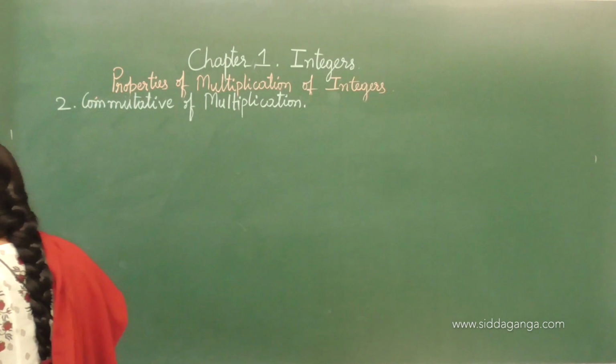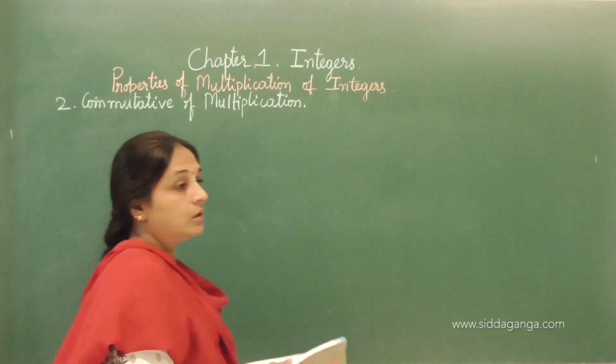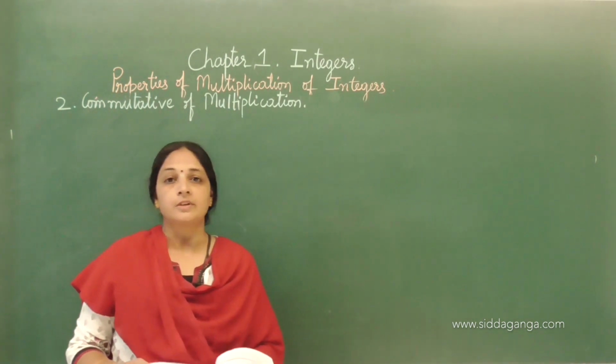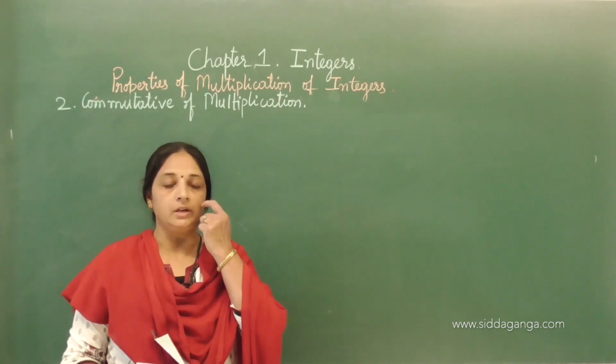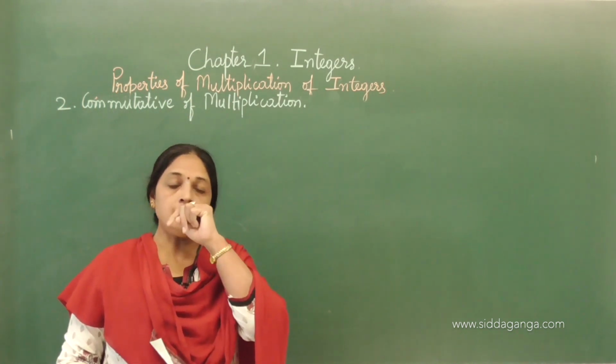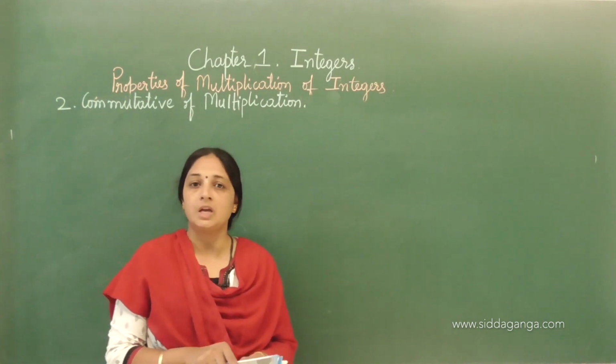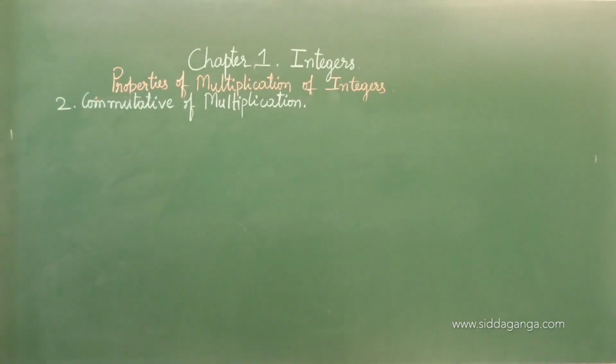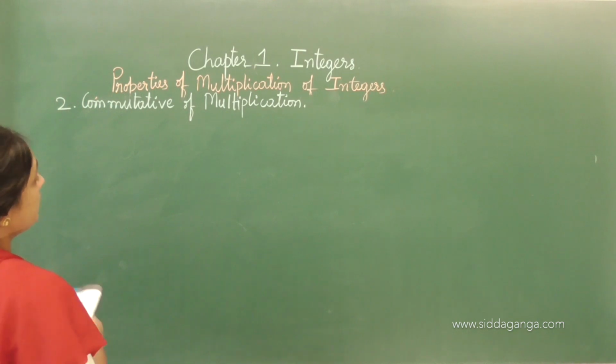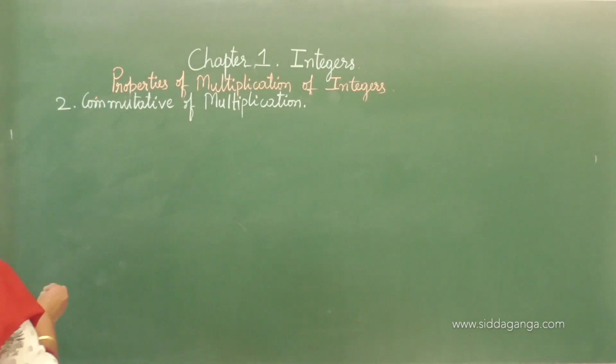Okay. So here also we take two integers. For commutative property we take two integers. For addition, what did we do? We took two integers and we added both of them, exchanging. So interchanging the two integers, we multiply here.